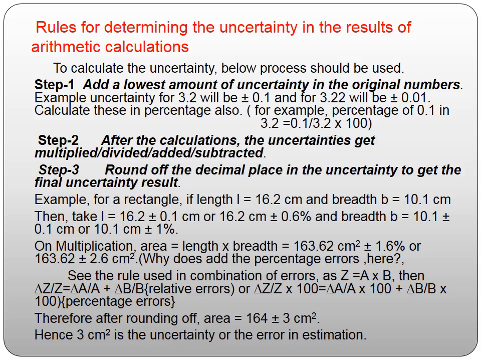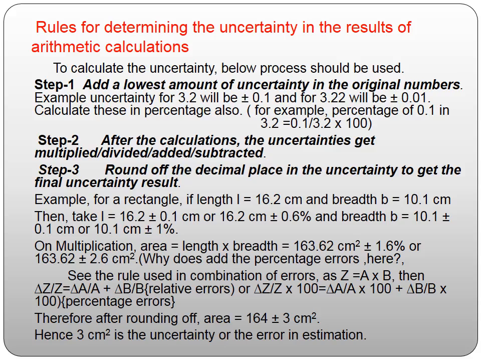By multiplying length and breadth, we get area which is equal to 163.62 centimeter square plus or minus 1.6% or 163.62 plus or minus 2.6 centimeter square. Why do we add the percentage errors here? See the rule used in combinations of errors, which you have studied in your previous class.